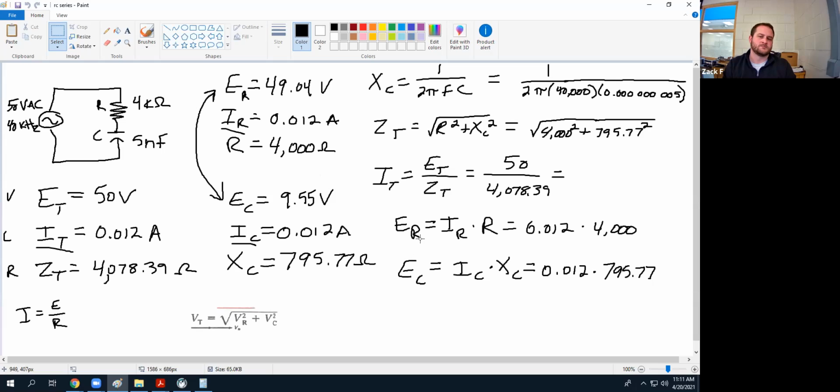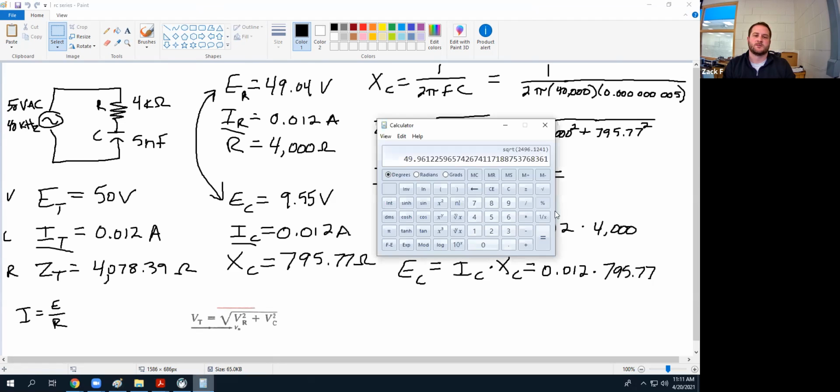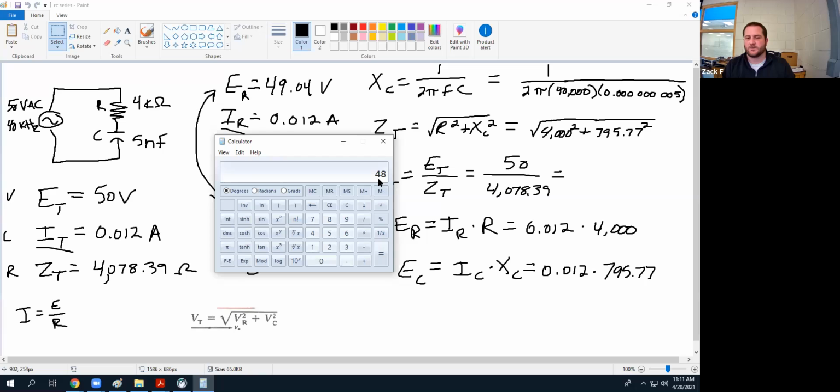Our value is 49.04. Yeah, why is that? Did you take 0.012 times 4,000? I thought it was 48. Oh, yep, me too. Why is that? Because what I did in the example, I didn't round it to 0.012. I had all the rest of it.